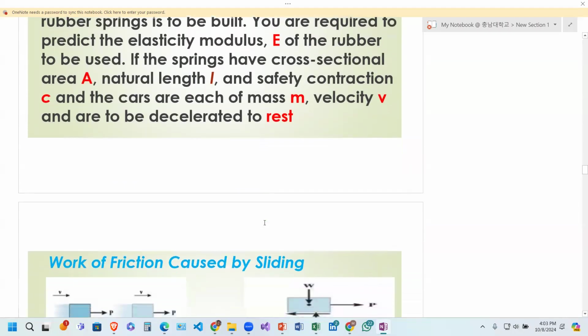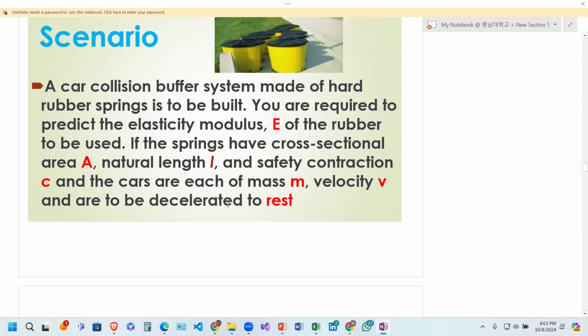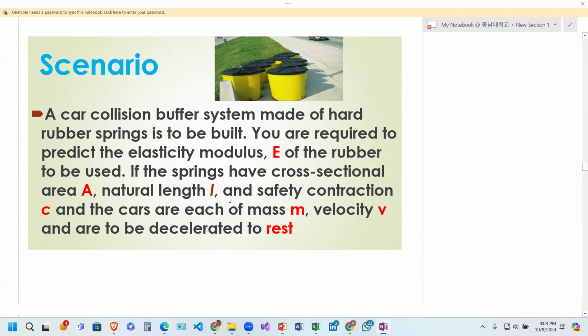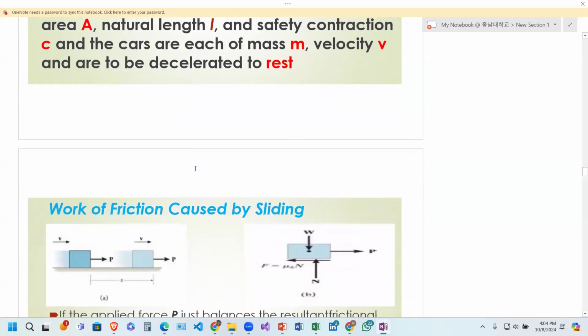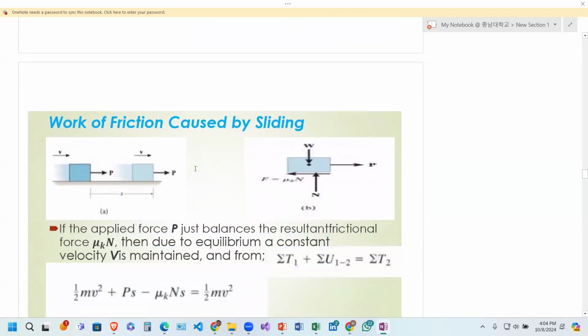This scenario would work if we had covered some of these things in material science. But because we have not covered things like elastic modulus, you may not know this, so I'll skip this and continue with the work.